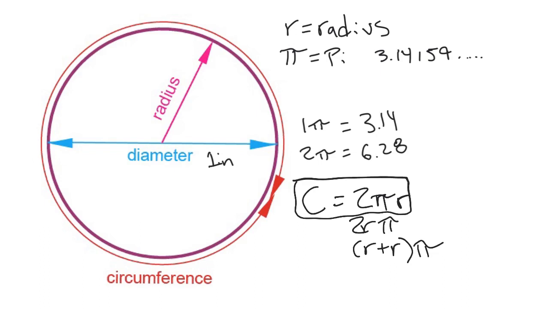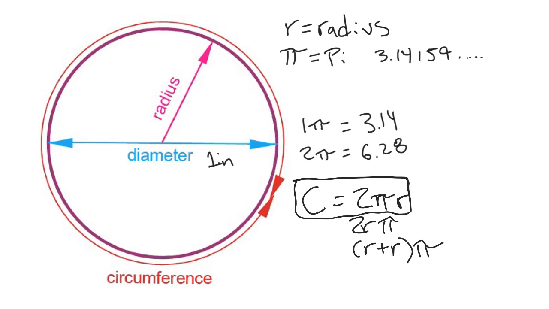There's another thing that we need to figure out: what is the area? If we try to put little squares everywhere to figure out the area, that gets really daunting. It's very difficult to figure that out. So what mathematicians came up with is a formula.